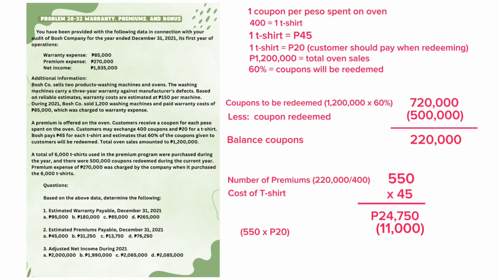We get the amount of 13,750 pesos. So this is our estimated premiums payable. So again, under PAS 37, this is a liability because it's an obligation the company knows will happen.